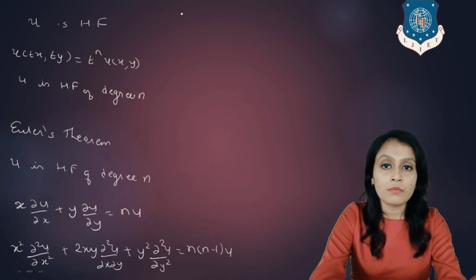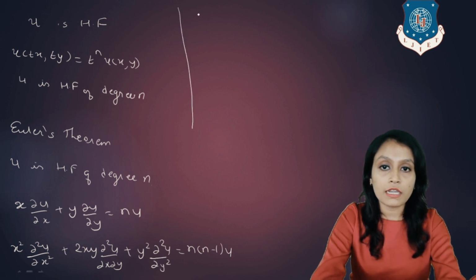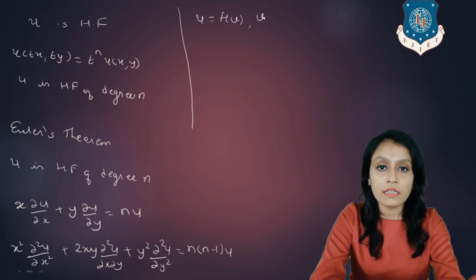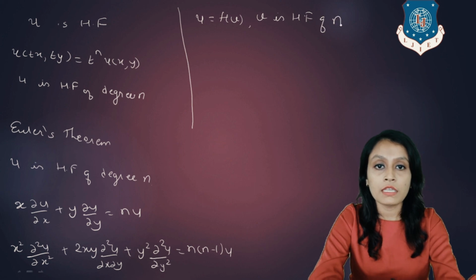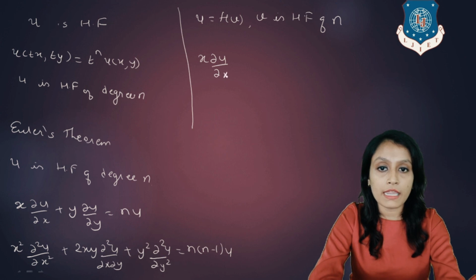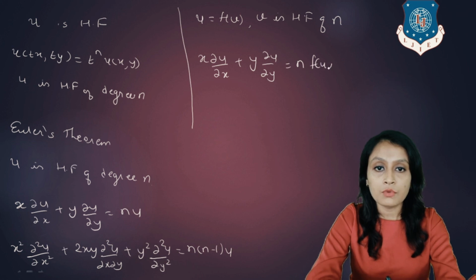Next we studied modified Euler's theorem. Okay, so for that what we need, that is u is some function of v, and v must be a homogeneous function of degree n. Okay, then the formula to find x del u by del x plus y del u by del y is what? N f(u) upon f'(u).